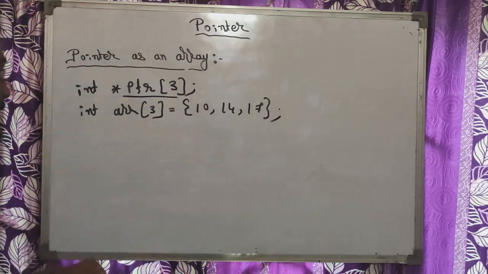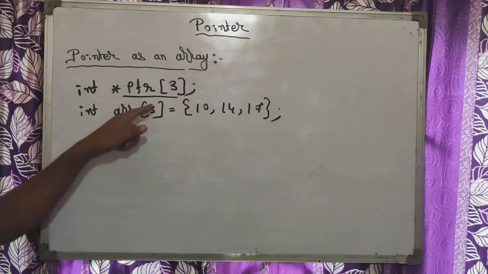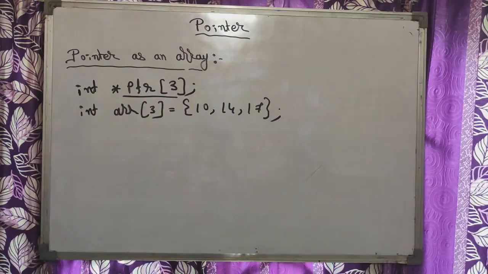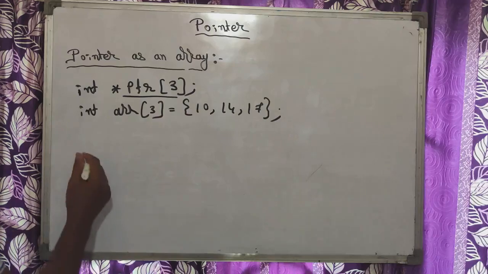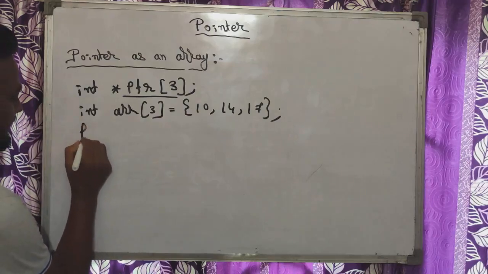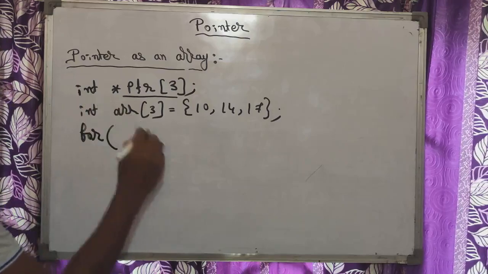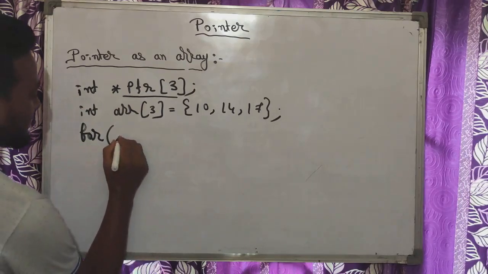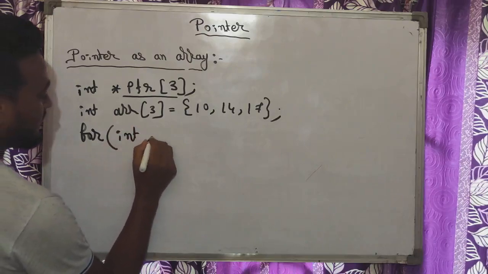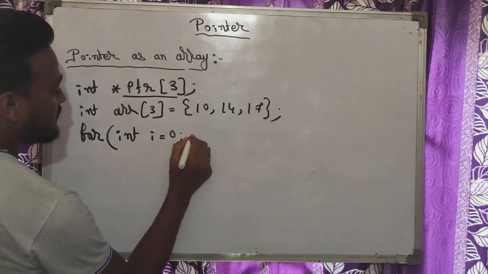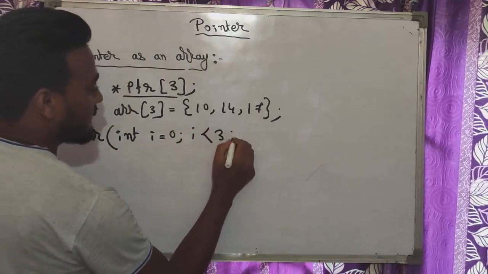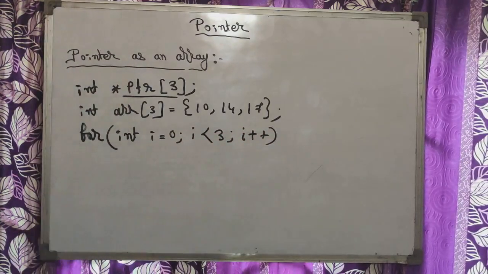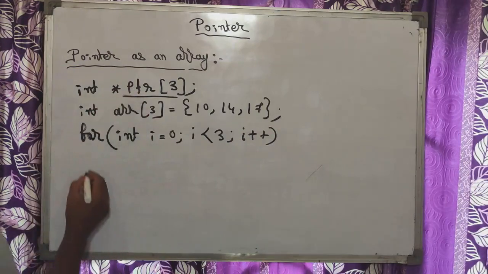Okay. Now, in order to assign values to this pointer, we need to use a loop, right? So basically we are going to use a for loop. Let's start. We are going to assign the value to the pointer variable. So let's declare i equal to 0, i less than 3 and i++. So we are assigning the value to this pointer variable.